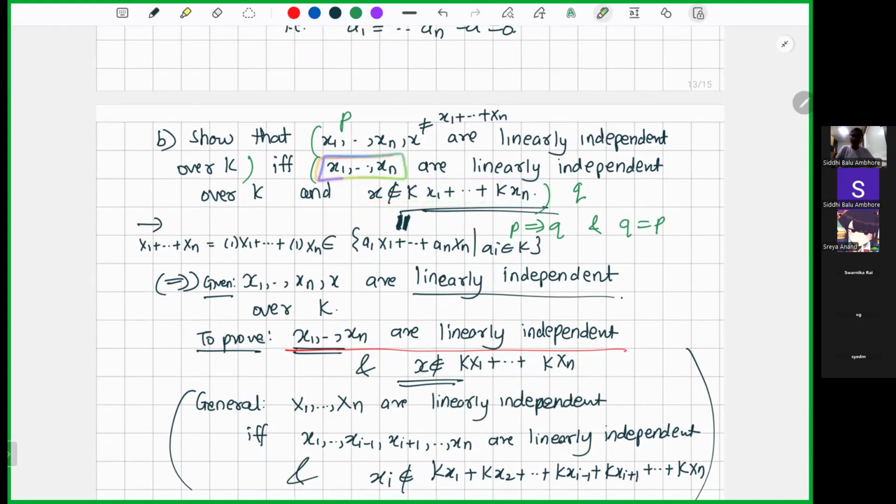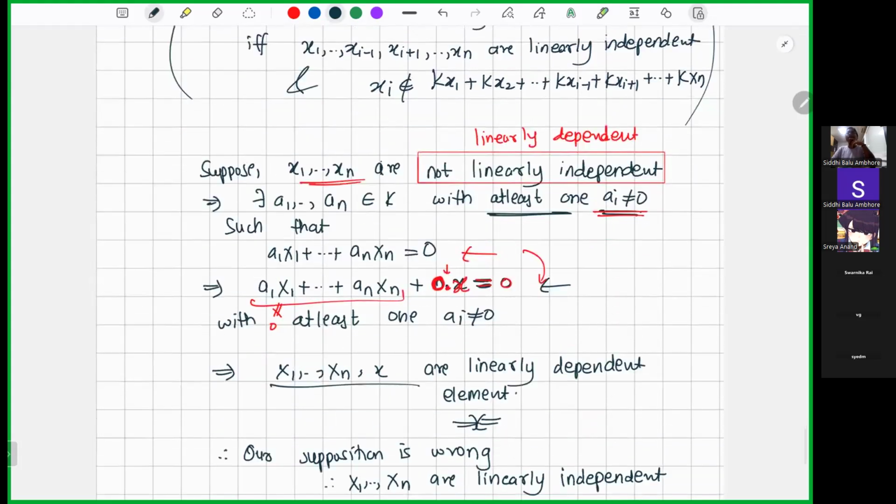And if the coefficient of x is 0, then it is just a linear combination of the first n elements, because I can omit x in that case. And then if that has any non-zero coefficient in it, it will contradict the statement that x1 to xn are linearly independent. And that's how I will get the entire set x1 to xn and x is linearly independent. Is that okay? Do I need to write that? No, ma'am, it's okay.